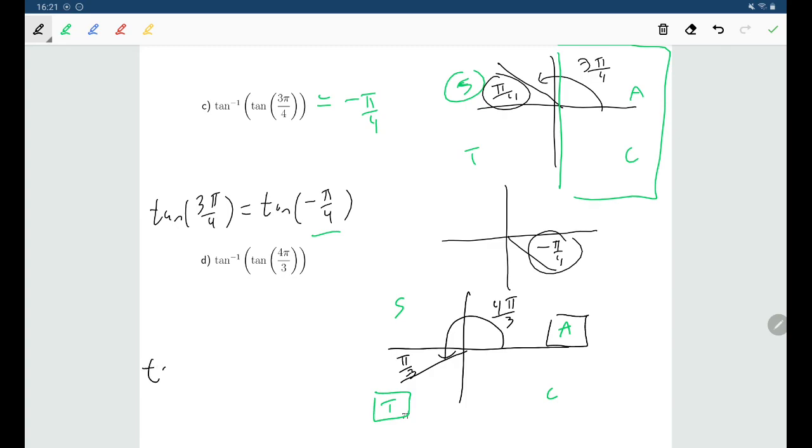We know that tangent of 4 pi over 3 and tangent of pi over 3 should both be equal to each other. And of course, that's because they both have the same reference angle of pi over 3, and they're both in quadrants where tangent is positive. Since pi over 3 is in that restricted domain for tangent, then pi over 3 is what I will get as my output.